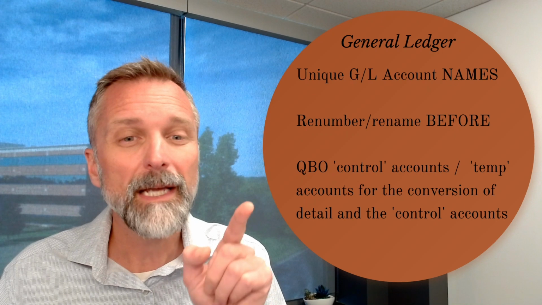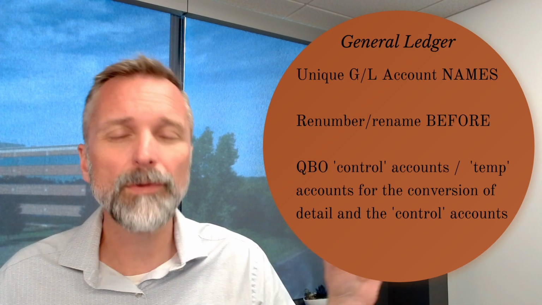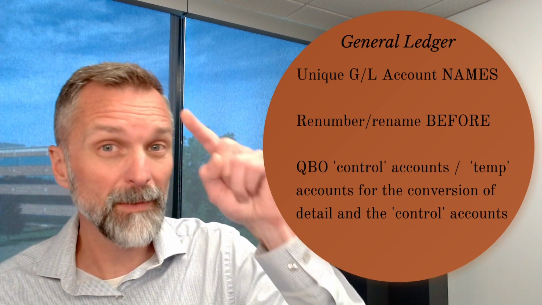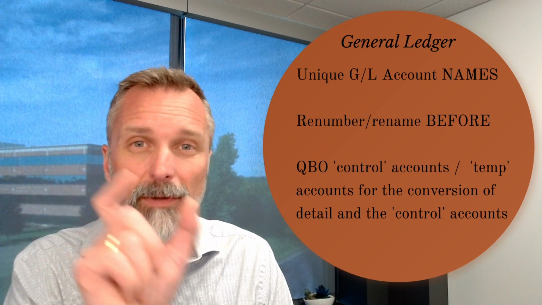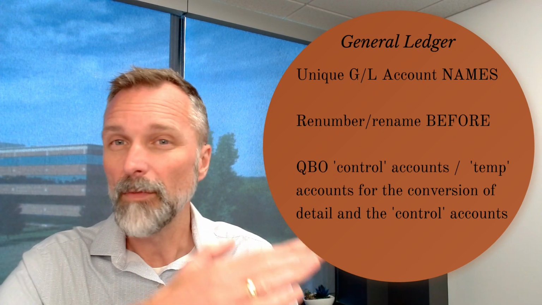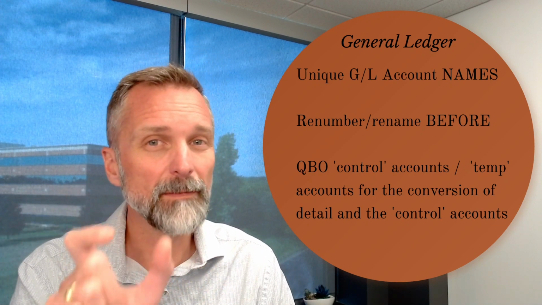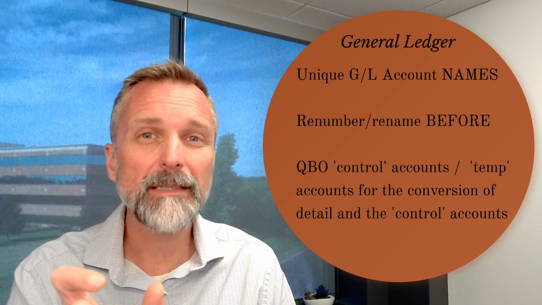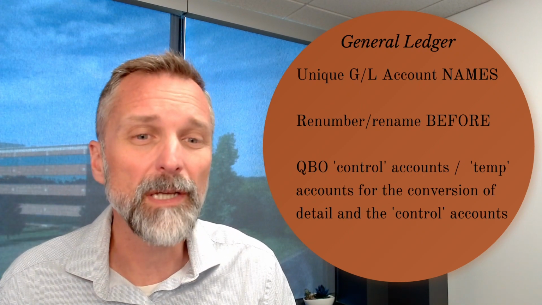Those need to go to a separate, really a temporary conversion-only account, separate from the one I referenced in the prior screen. That is the real converted balance of AR as of last month, and whether you go back 60 months or 3 months, same idea. That's the converted balance. It's not the same as the main AR balance account in QBO.